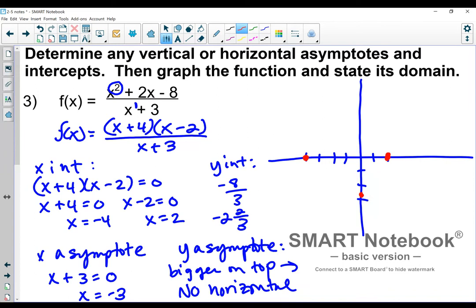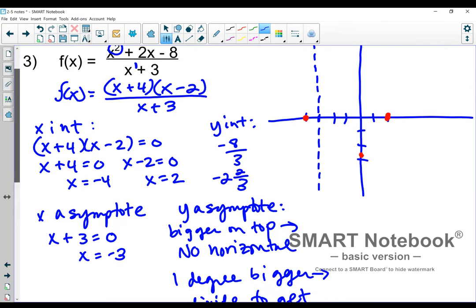Okay, so that's all my intercepts. Now I've got to worry about those asymptotes. So my asymptote was at -3. And the other one is that slant asymptote at y equals x minus 1. So here's the -1, and then a slope of up 1 over 1 is going to look something like this.